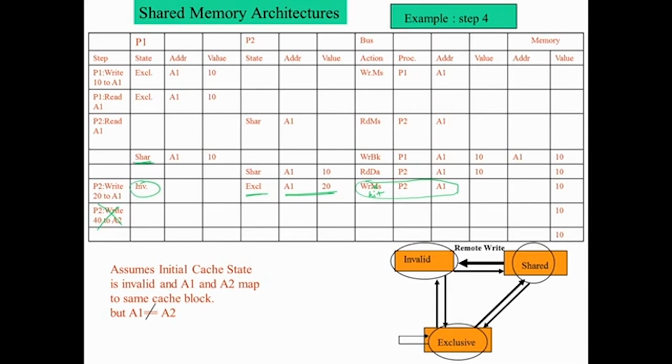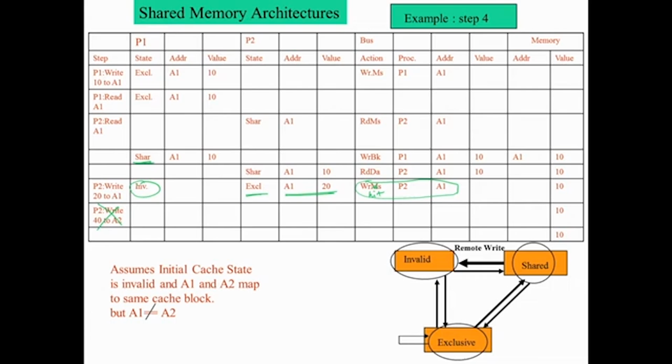Are you getting this? Yes or no? So P2 now when it wants to write 20 into A1, P1 has A1 in shared state, it will make it invalid, while P2 will make its A1 state exclusive. And then what happens? There is a write hit.